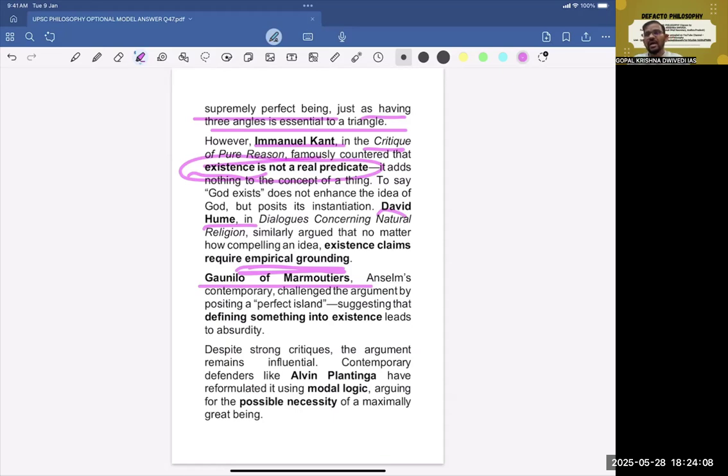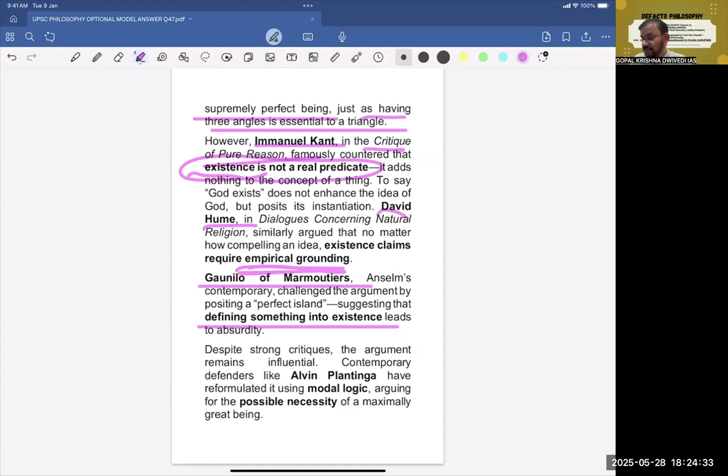Since the perfect island cannot exist in my mind only, it should exist somewhere in reality also. But then there is no such island. So this is a circular or contradictory thing, that defining something into existence leads to absurdity. That was his argument, and he was contemporary to Anselm himself.